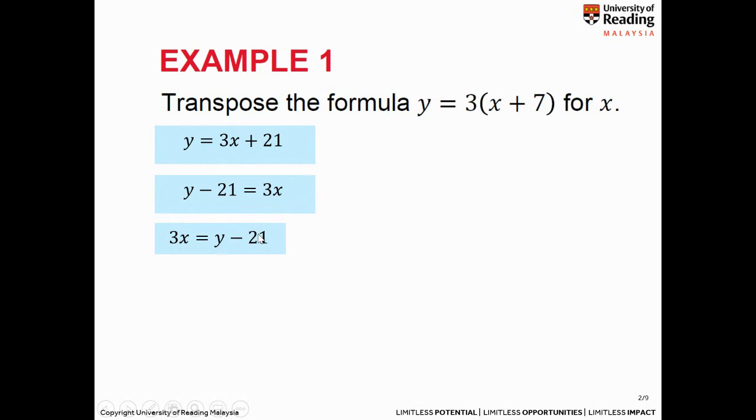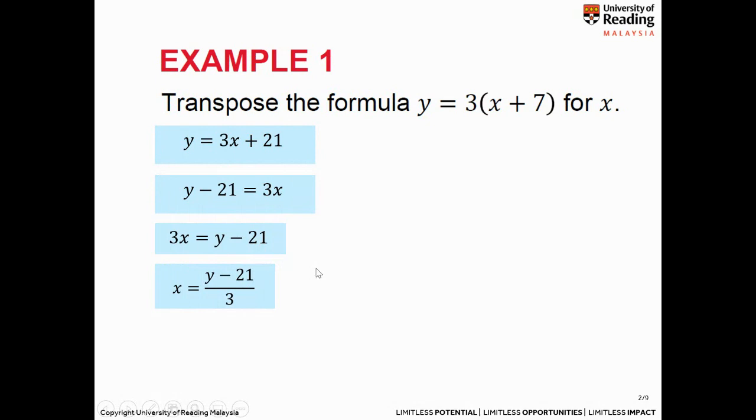After that, you can switch the left hand side and right hand side. So you will get 3x equal to y minus 21. Now you just need to bring the 3, the coefficient of x, to the right hand side, because 3 times x, when you bring from left hand side to right hand side, will be divided. So you will put it as the denominator.